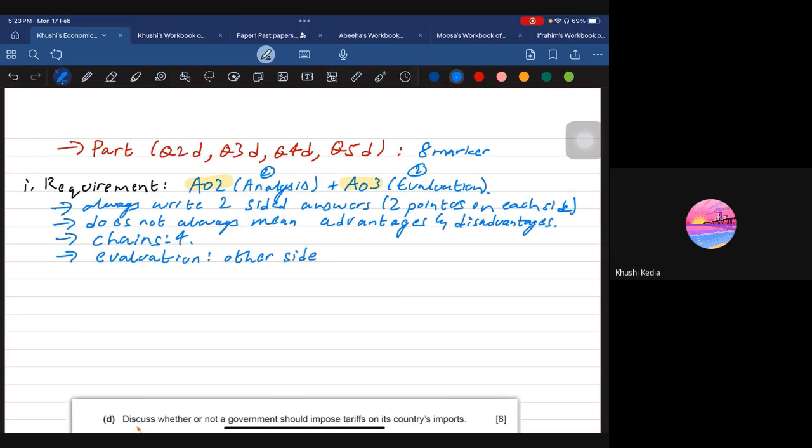I'm saying here how many chains you have to develop: one point, one chain of analysis, with another point another chain, so there are four chains of analysis. And if you talk about how many links, those are also at least four. 3 to 4 links should also be there. Then evaluation, that is the other side of the argument.